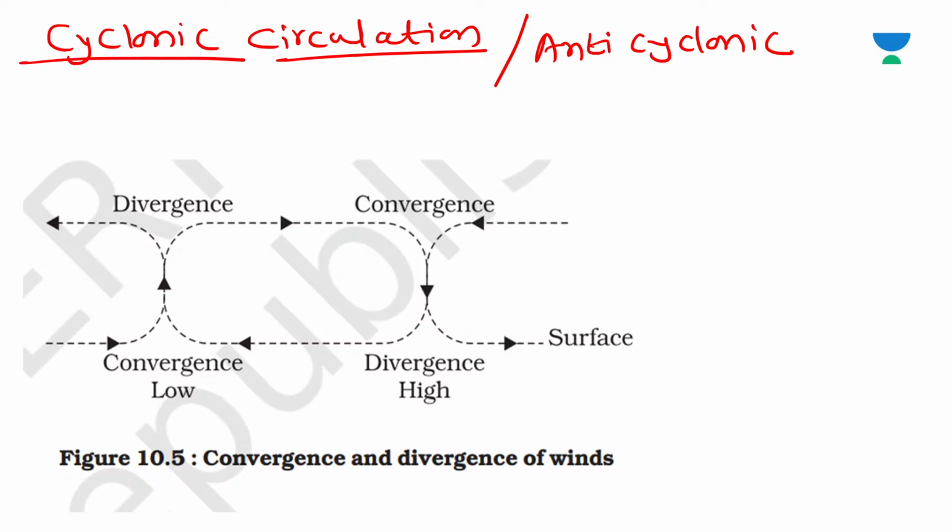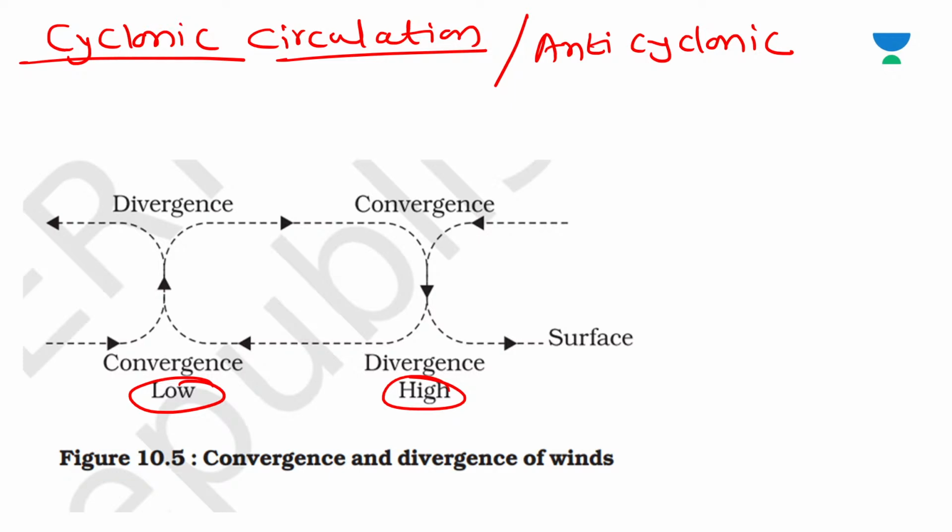Now, see, the wind circulation at the Earth's surface around low and high on many occasions is closely related to the wind circulation at higher level, and generally over a low pressure area the air will converge and rise.